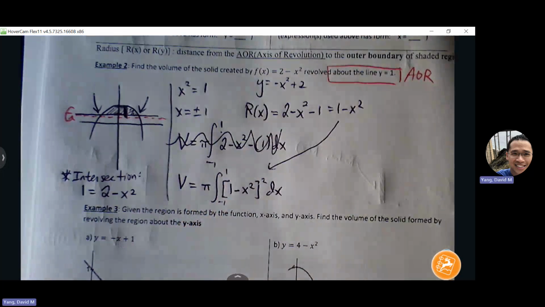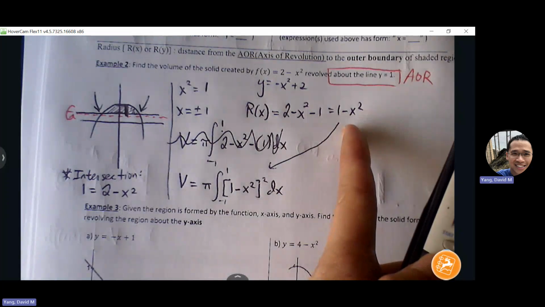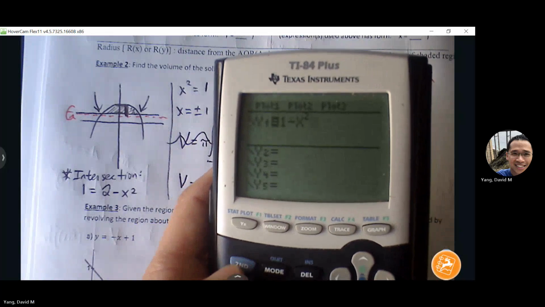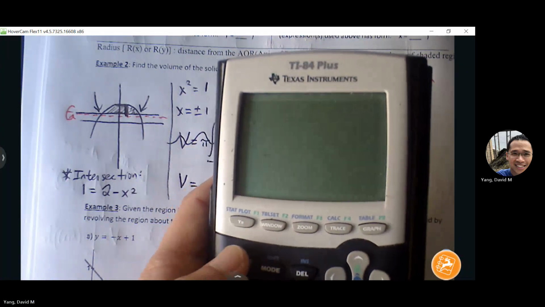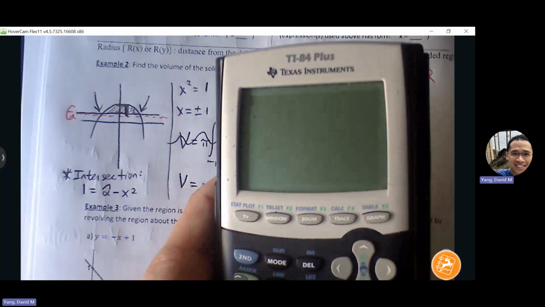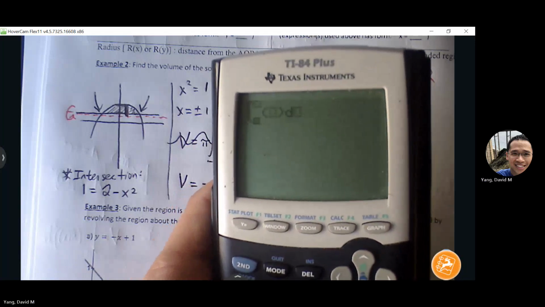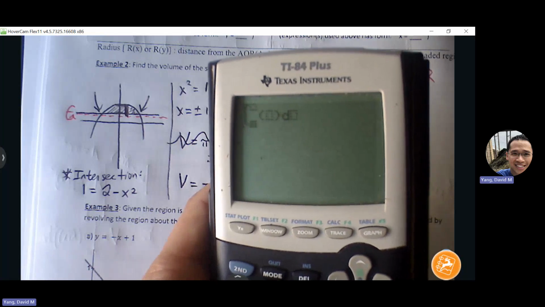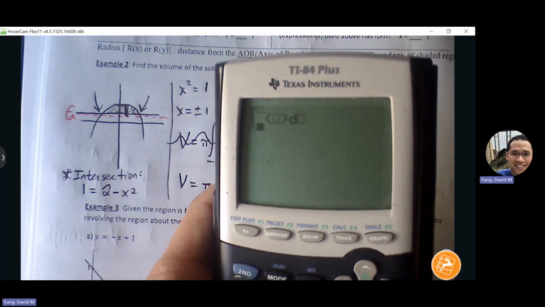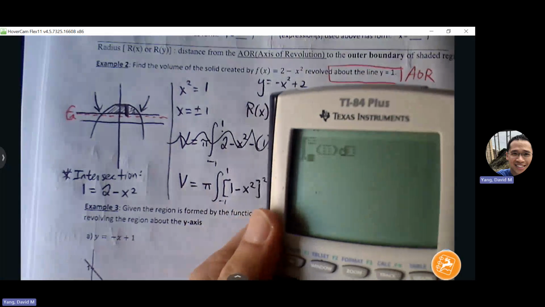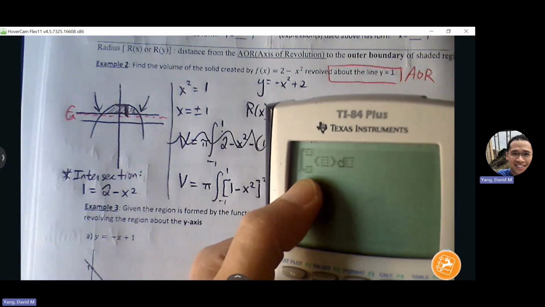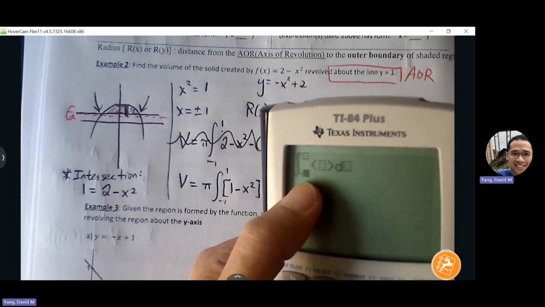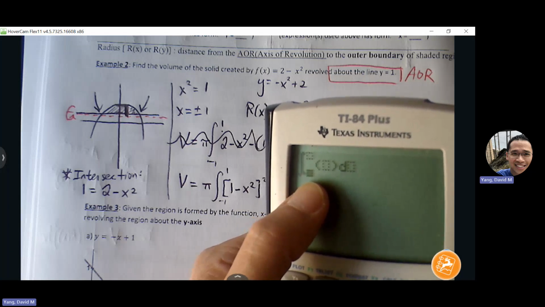So I'm going to insert my radius under y1, call it 1 minus x squared. Go back to my home screen. I'll do math 9. I'm going to leave pi out of my implementation. I'm going to attach pi manually at the end, because I want to have that option of representing my answer as an exact value. Once I insert pi, it's always going to give me a decimal value.